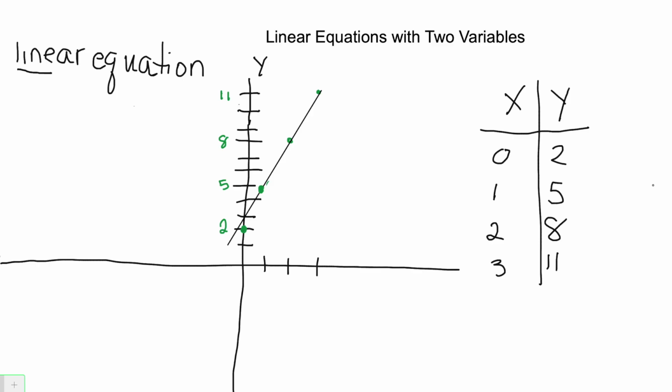All that means is you have a substitution of an input and you get an answer for the output, okay, which is your y or the second letter. So that's really all you're doing. You're picking the numbers to put in for x. What is the output? What is the answer for the other variable?